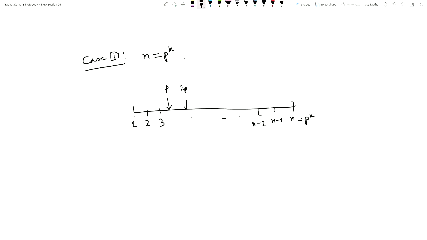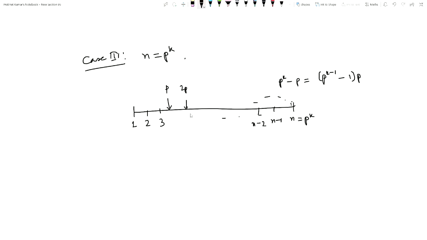So how far can it go? As the largest number is p to the power k, the number just less than p to the power k is p to the power k minus p, right? Which is p to the power k minus 1, into p.